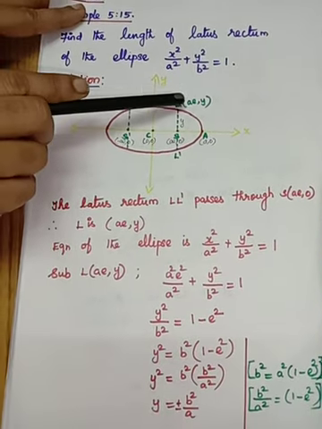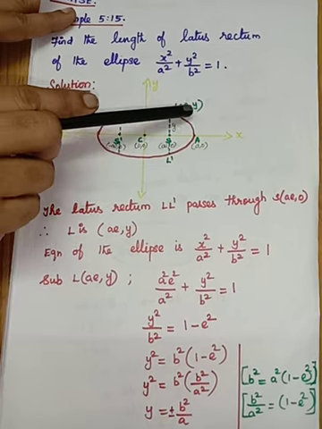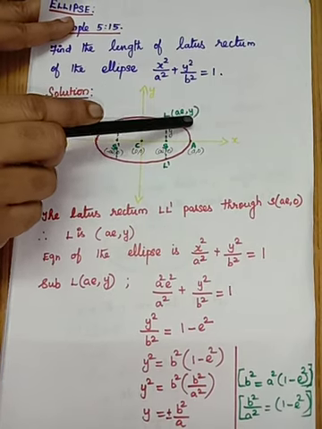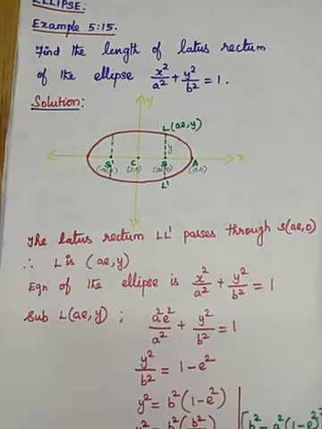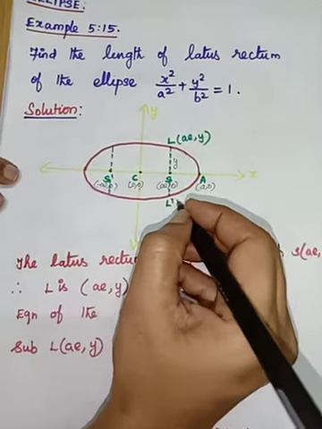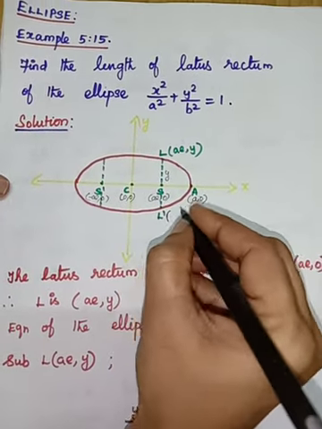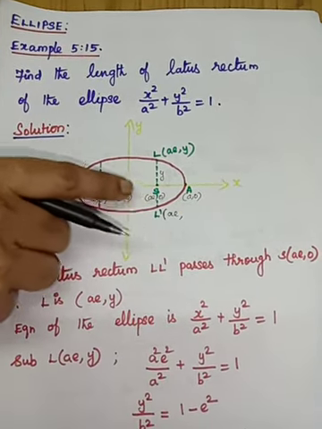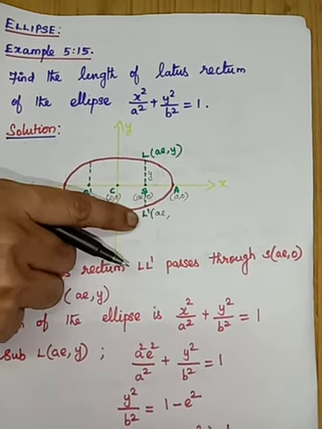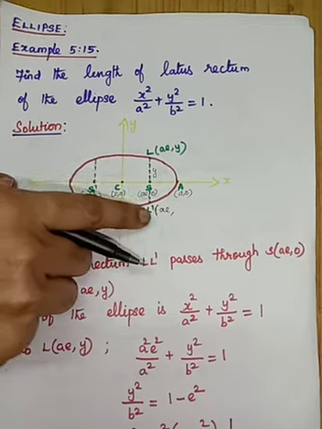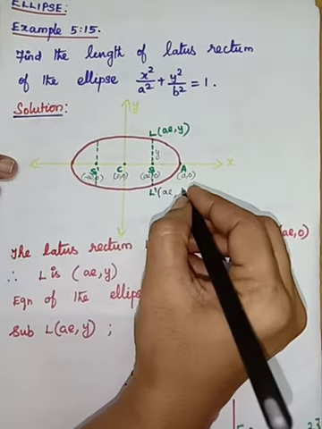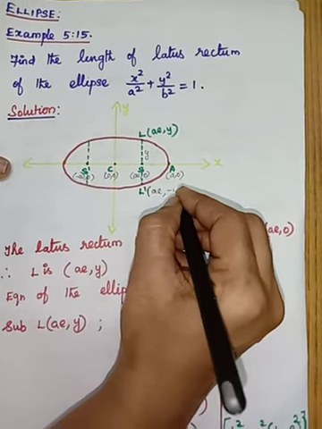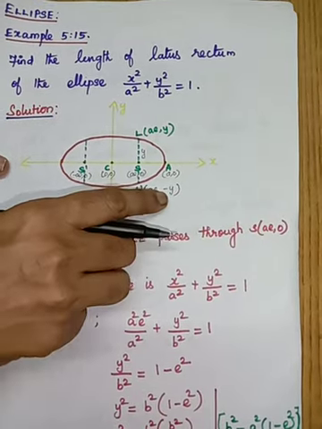So the L point becomes (ae, b squared by a). Come to L dash. L dash has x distance ae, and it is in the fourth quadrant, so the y coordinate should be negative. That's why it is minus y. What is y we have written?